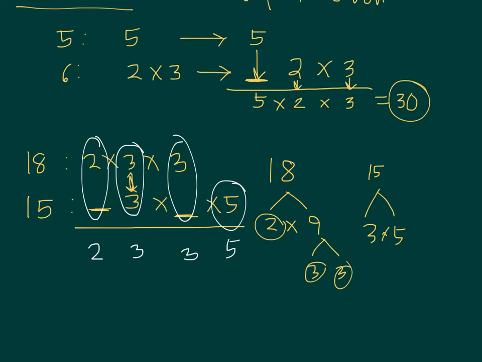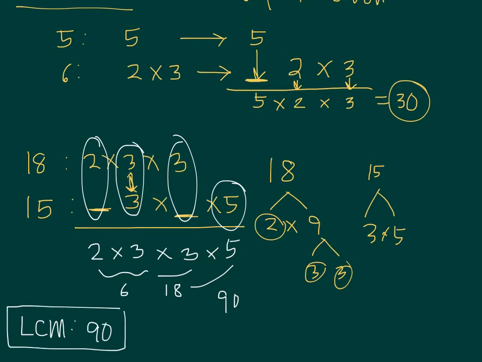But anyway, to find the LCM using this method, once you drop all the numbers, simply multiply them. So we have 2 times 3 is 6, and then 6 times 3 is 18, and then 18 times 5 is equal to 90. So the LCM, when you count off by 18 and 15, the first number that will be the same will be 90.